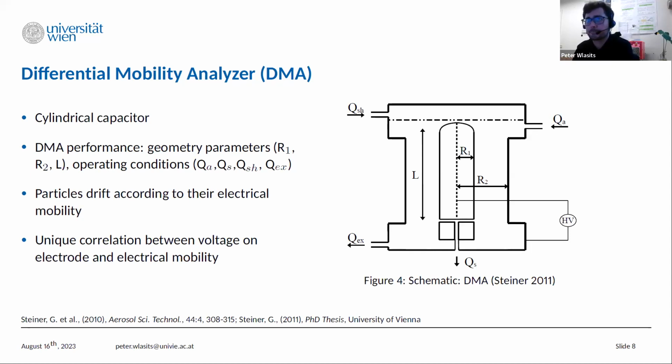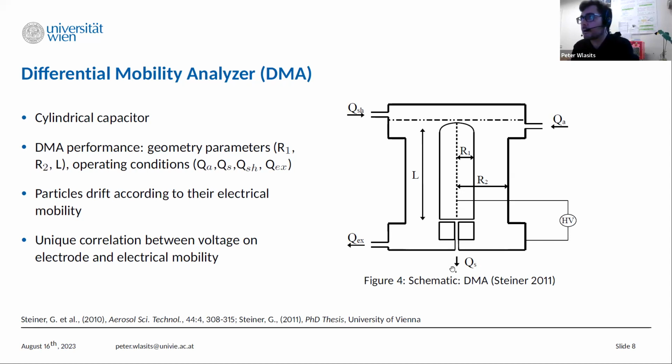And these particles then, due to the electrical field and the previous charging process, drift according to their electrical mobility. Some particles might drift faster and hit the electrode. Some particles might not drift that much. They are then going out via the exhaust flow rate. And some particles just have the right electrical mobility such that they reach that exit slit that is depicted here and come out with the sample flow rate.